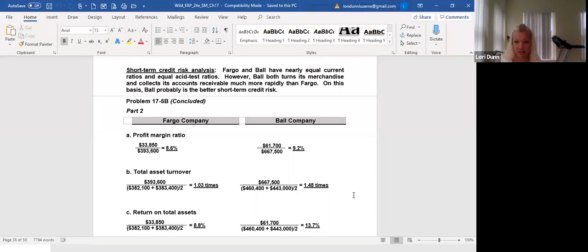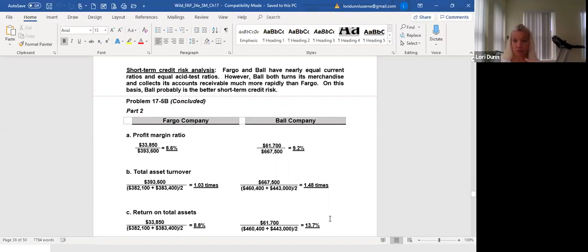So if we take net income of the company, 3,850, divided by the average total assets, again, just like we calculated up above in B, use the same information. Divide the average total assets into the net income they produced, 8.8%. So it's almost like saying, if this company was a bank, they earned an 8.8% interest rate on the money invested in it.